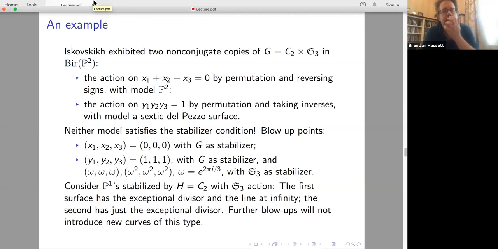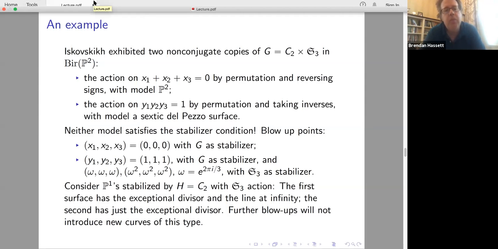You look at a plane x1 plus x2 plus x3, and you consider the permutation action that permutes the numbers 1, 2, and 3, and you also allow yourself to reverse the signs. I've written this in affine form, but you can extend this to get a linear action on P2.